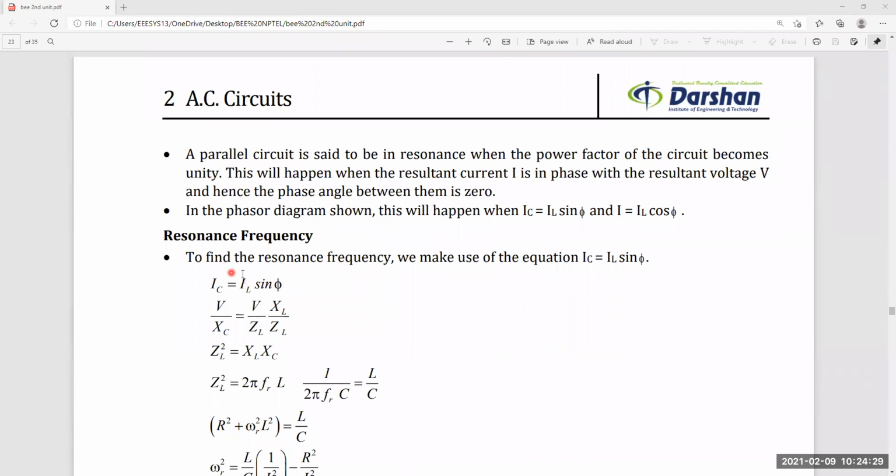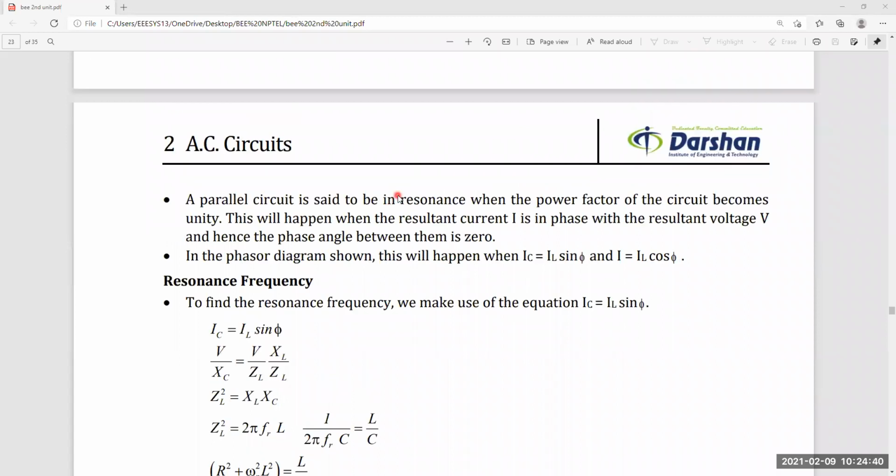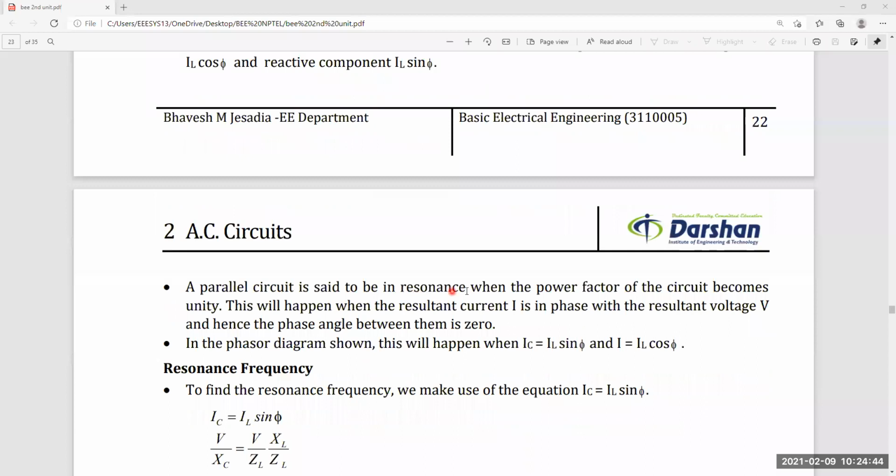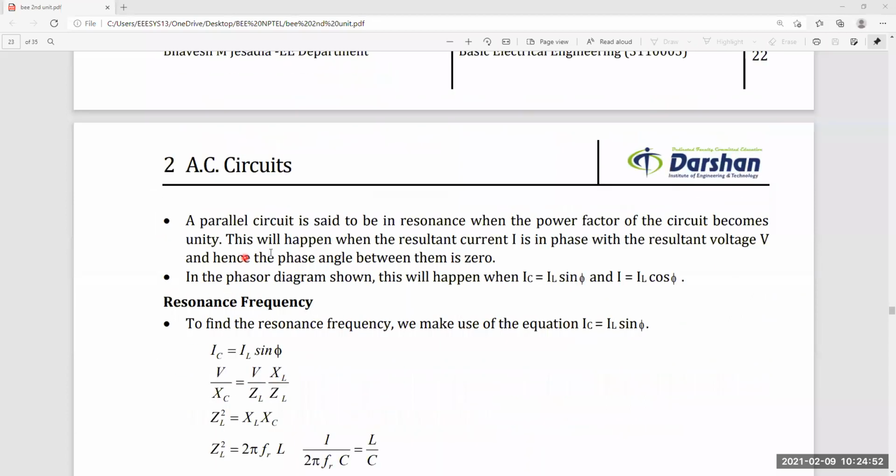So regarding the resonance frequency, the phasor diagram shows this will happen when, under resonance condition, a parallel circuit is said to be in resonance when the power factor of this circuit becomes unity. You know well, under resonance condition, power factor is unity. Am I right or not? This will happen when the resultant current I is in phase with the resultant voltage V.